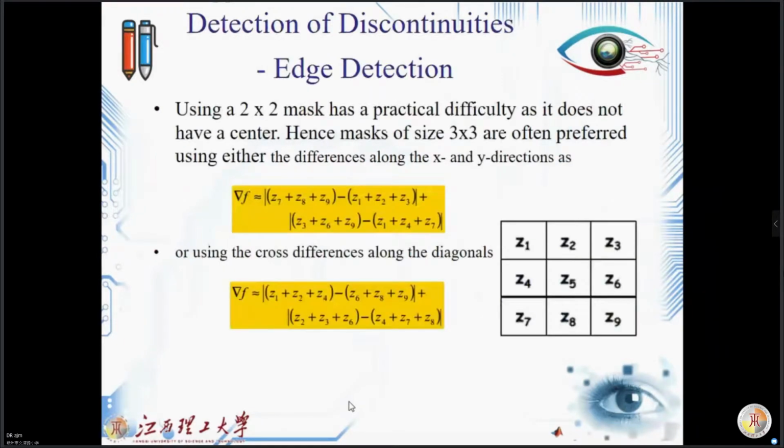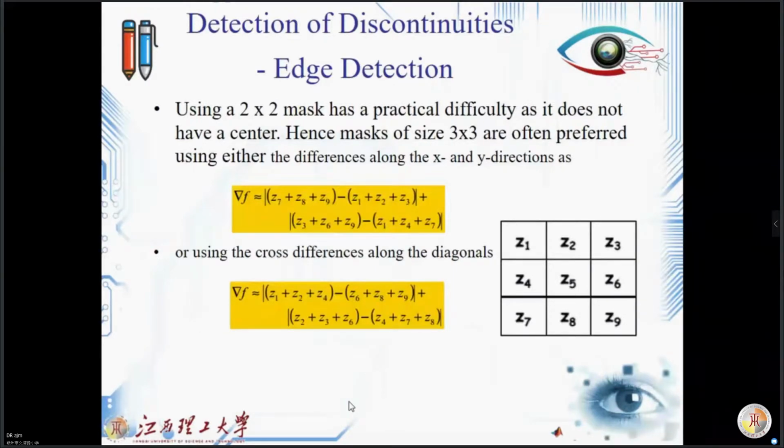Using these 2 by 2 masks has a practical difficulty, as they do not have a center, and hence masks of size 3 by 3 are often preferred. Why? Because if you remember, we had the concept of neighboring pixels. With a dimension of 2 by 2, I cannot find a center for my matrix, so it may be difficult to calculate.